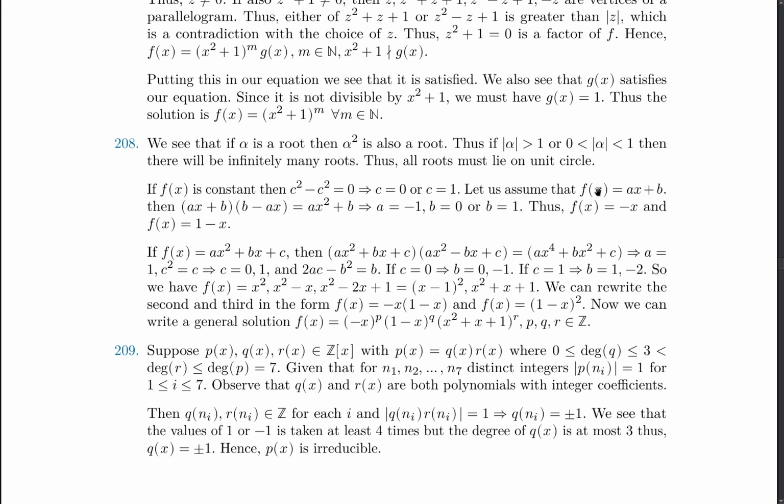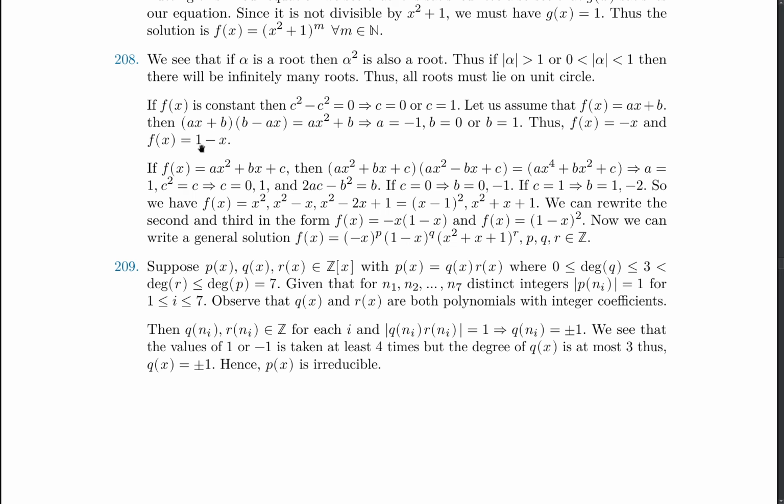Let's assume that f of x is equal to ax plus b, then (ax plus b) times (b minus ax) is equal to a x square plus b, which gives a is equal to minus 1 and b is equal to 0, or b is equal to 1. So we see that f of x is equal to minus x and f of x is equal to 1 minus x.